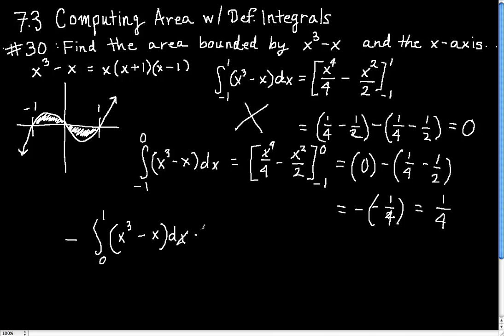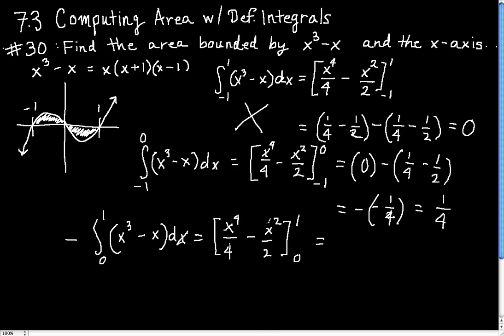Of course, I get the same antiderivative, it's the same function: x to the 4th over 4 minus x to the 2 over 2. And what endpoints am I evaluating at? I'm evaluating at 0 and 1.